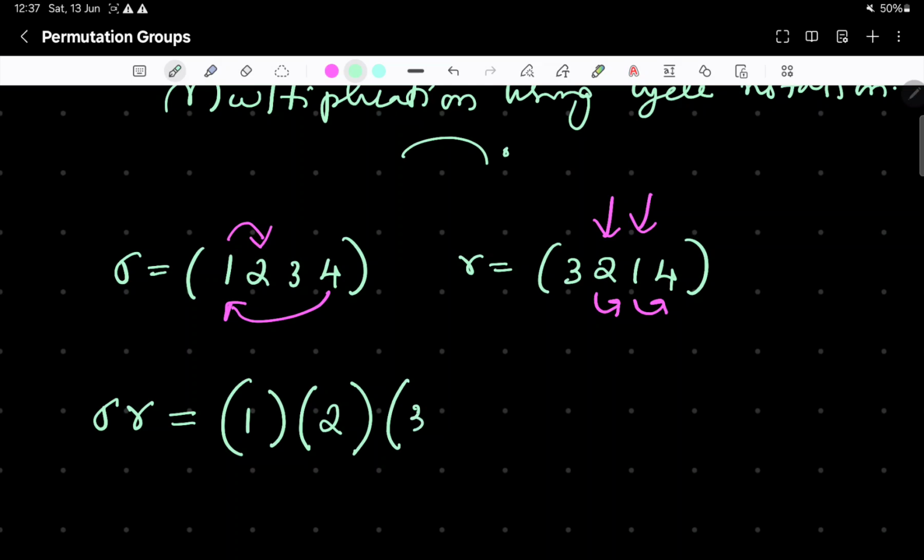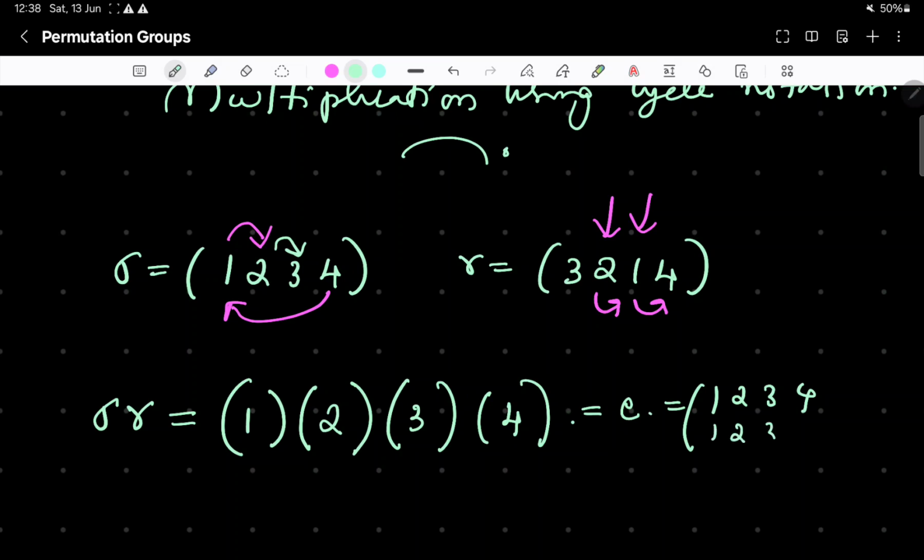Now start with 3. What happens? 3 goes to 2 and 2 goes to 3. So this is basically getting the inverse of this. So this is the identity. This is how it looks. 1 goes to 1, 3, 4.